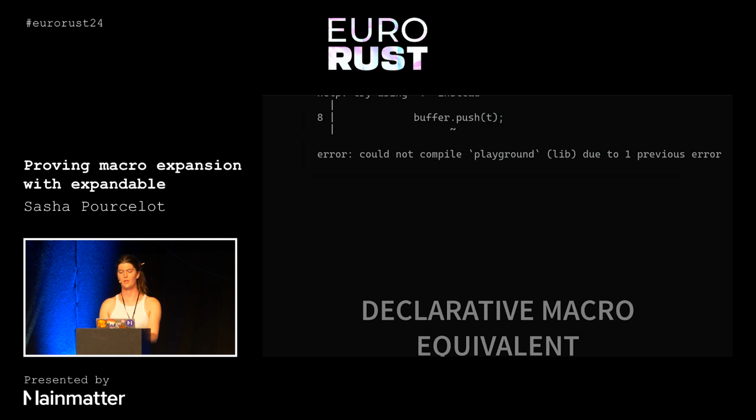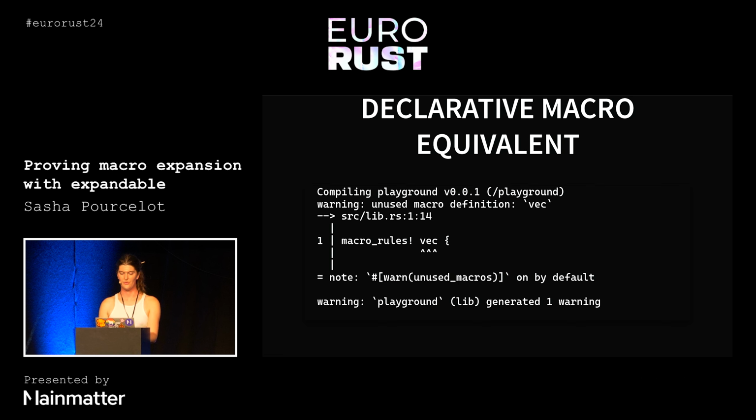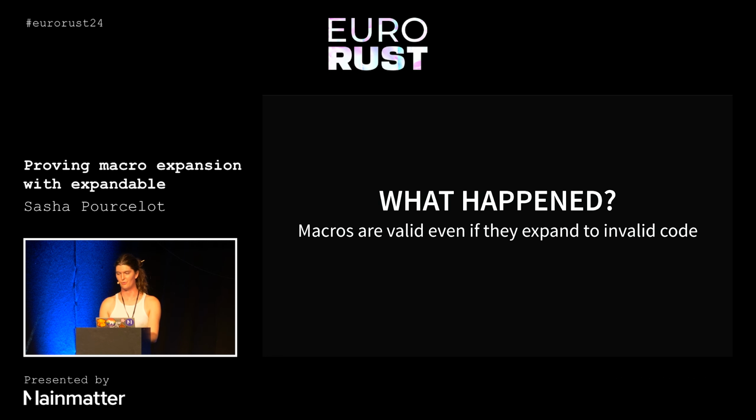Now let's look at the equivalent of the same code in the declarative macro world. Once again, we create an empty buffer, then we repeatedly push elements to it, and at the end, we just return it. And what happens is that rustc happily accepts our macro, and this is because macros in Rust are valid even though they may expand to invalid code.